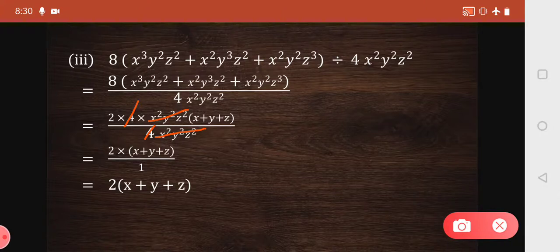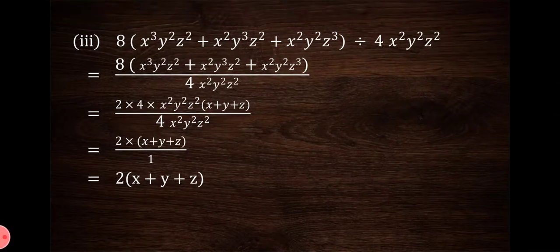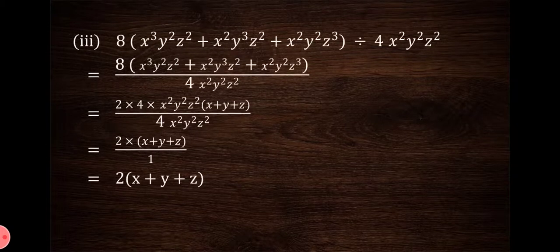So we will be left with 2 into x plus y plus z upon 1, that is equal to 2 into x plus y plus z. So the division of this polynomial gives 2 into x plus y plus z.